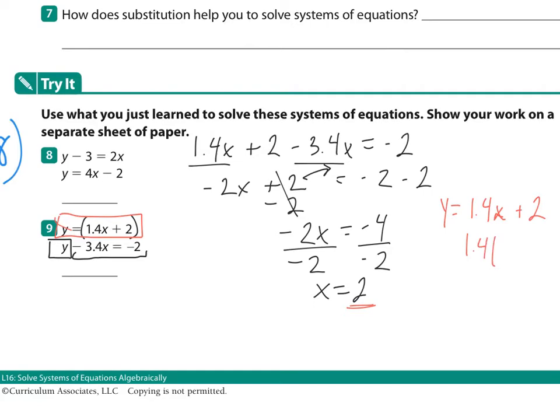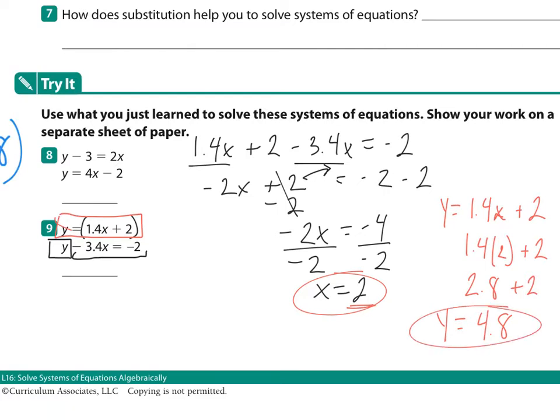So 1.4 times 2 plus 2. So 1.4 times 2 is 2.8. 2.8 plus 2, 4.8. Okay, here's your ordered pair. Here's your answer. So x is 2, y is 4.8. Again, you can write that 2, 4.8, just like that.